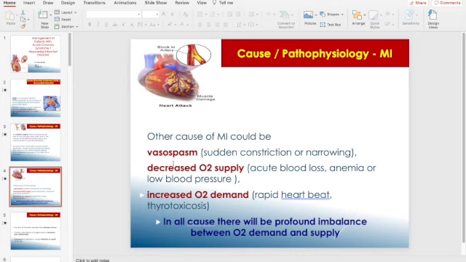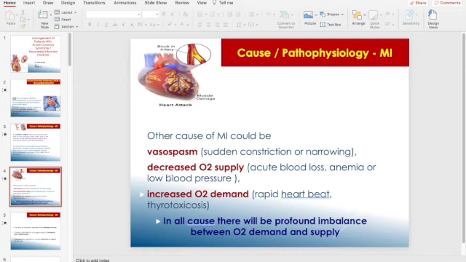Another cause may be decreased oxygen supply, for example if we have acute blood loss, anemia, or low blood pressure.